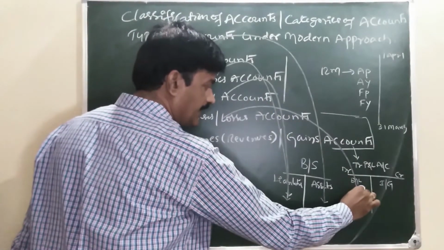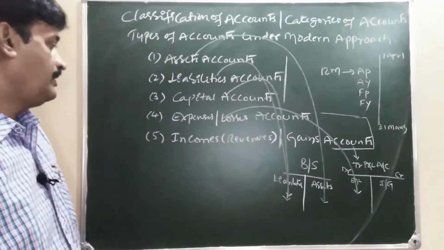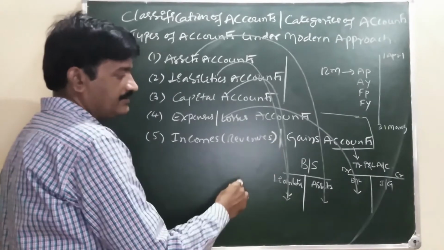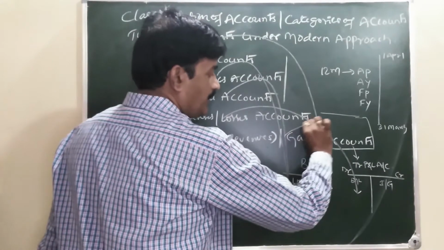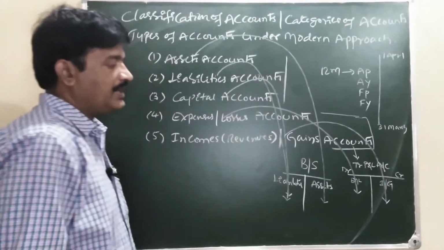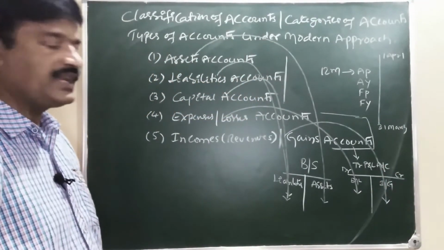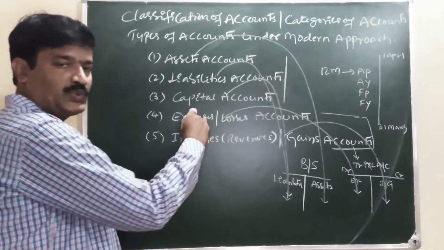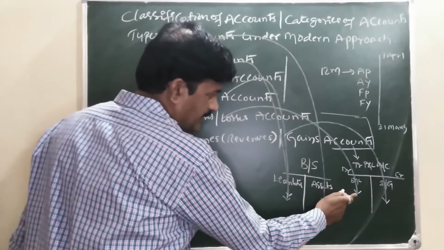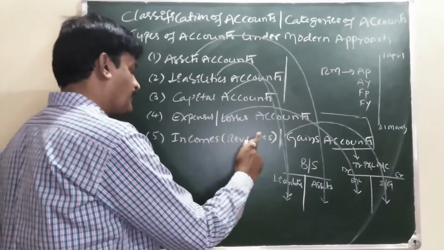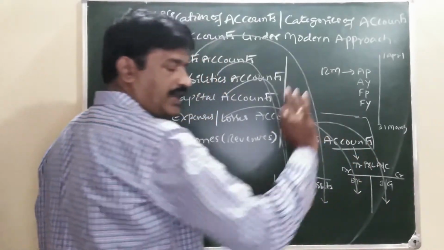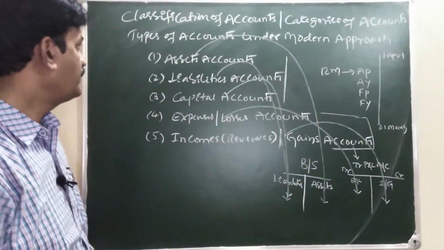The balances of incomes and gains are shown on the credit side, that is income side. We are closing expenses accounts, transferred to debit side. We are closing the incomes, transferred to credit of trading and profit and loss account.